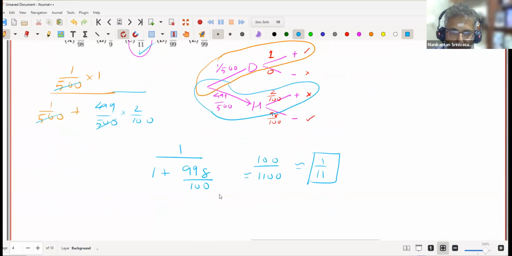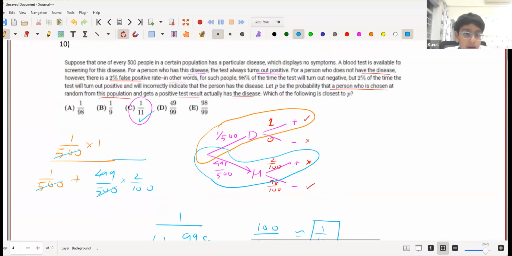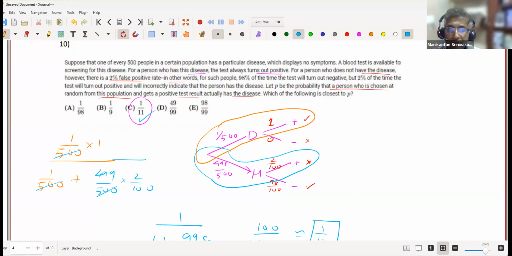I said that there are 500 people, right? It doesn't matter how many people there are, but only 1 out of 500 people actually has the disease. So let's say there's only one person who has the disease. So 1 out of 500 has the disease, and 499 do not have the disease.